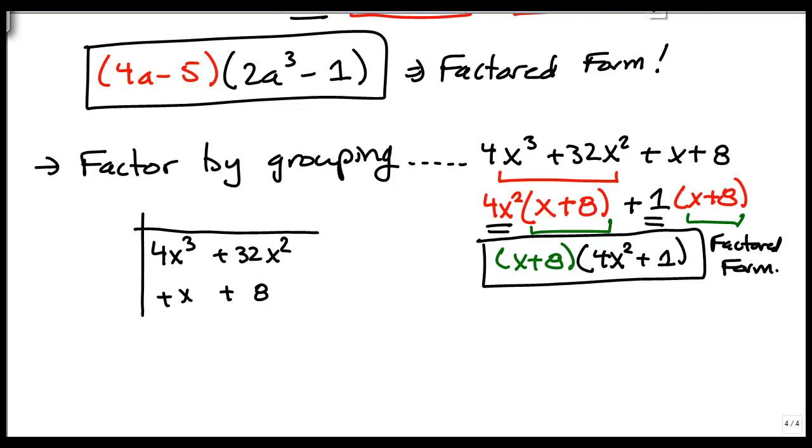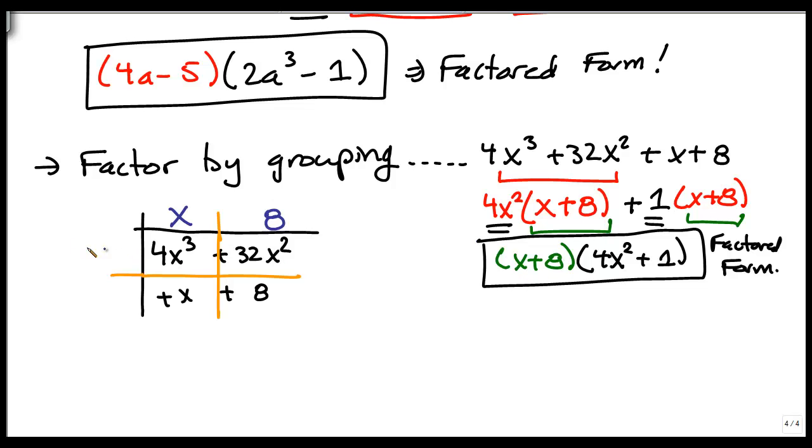Now with my grid, really what I'm looking for is the greatest common factor in this row, let's say. So in this row between 4x cubed and x, my GCF is x. In this column, my GCF between 32x squared and 8 is 8. Okay, look at this, x8, x8.